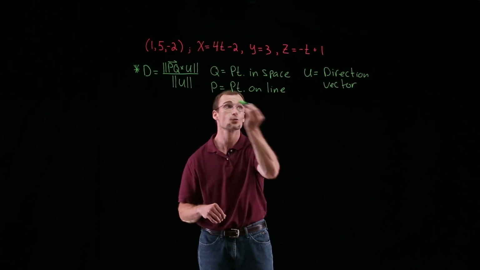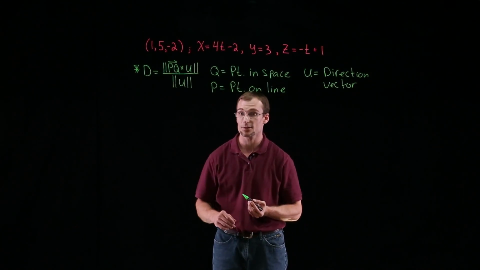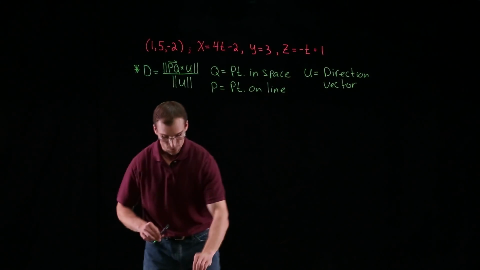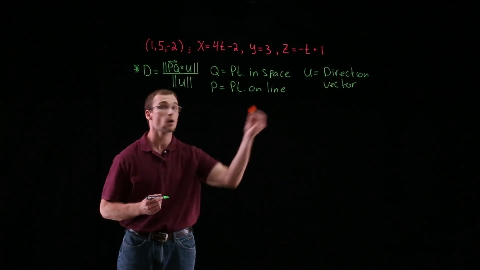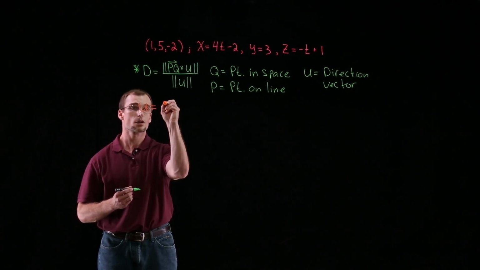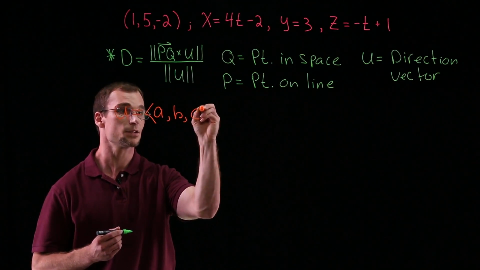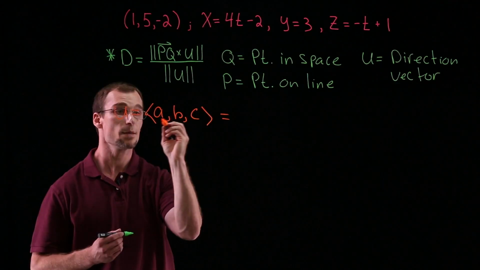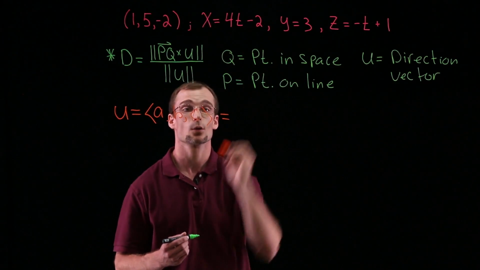So if we can find these three things, we have enough to plug everything into our formula and find the distance. Let's start with what's easy to find, our direction vector u, which we can take with components a, b, and c, the numbers being multiplied by the parameter t in our parametric equations.